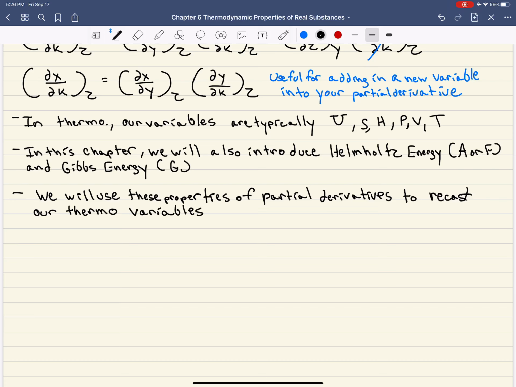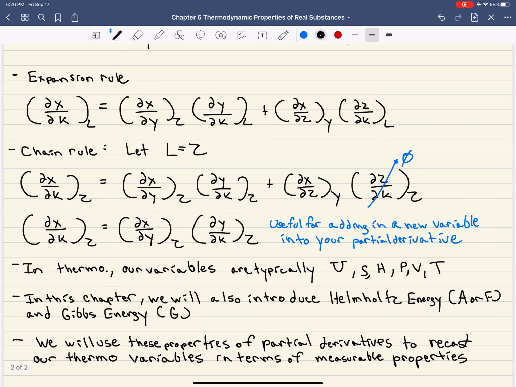So recast our thermodynamic variables in terms of measurable properties. And so that's at least the motivation for why we went over all this math.